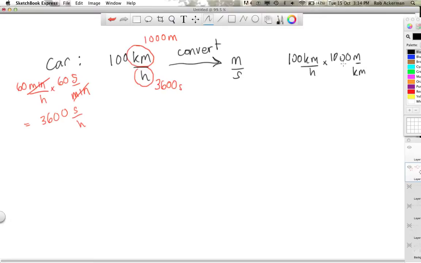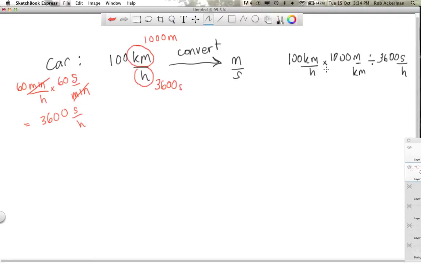And now we have to divide, because this is in the denominator, so we're dividing by 3,600 seconds in an hour, and that should get us the right answer.